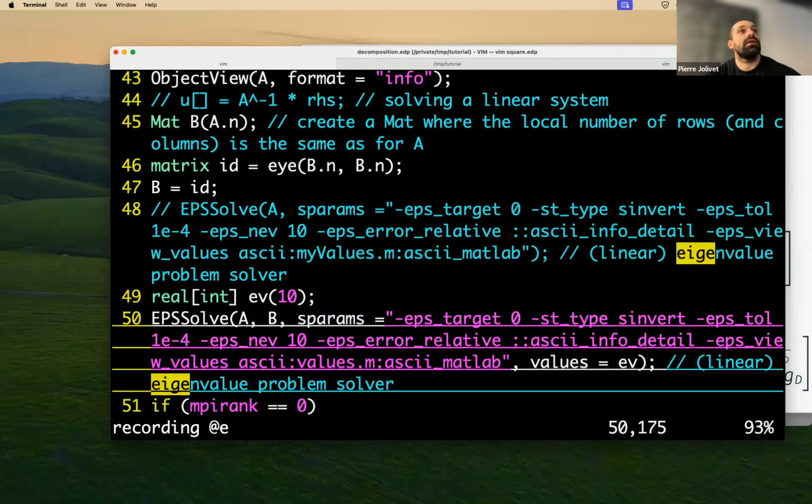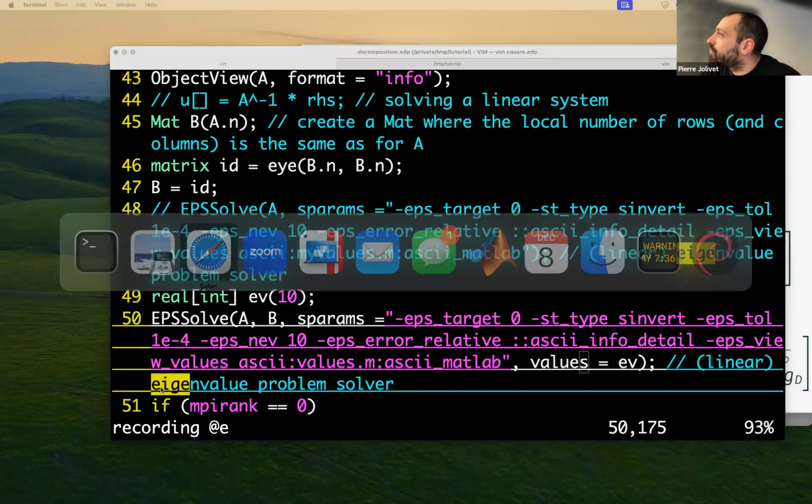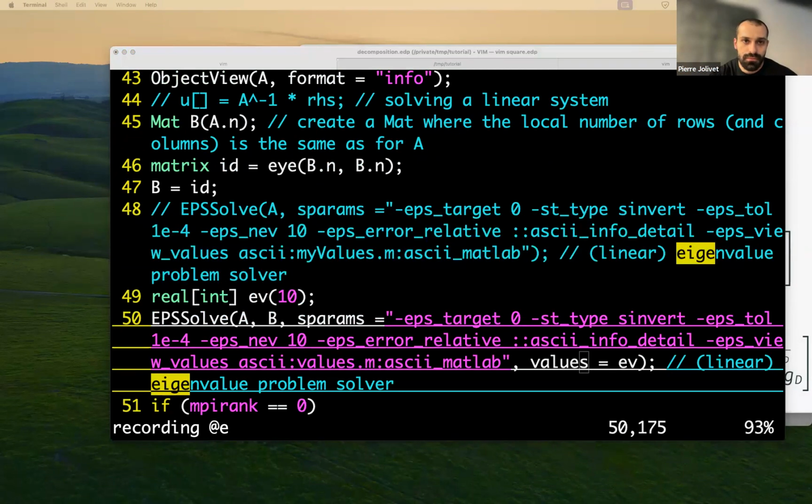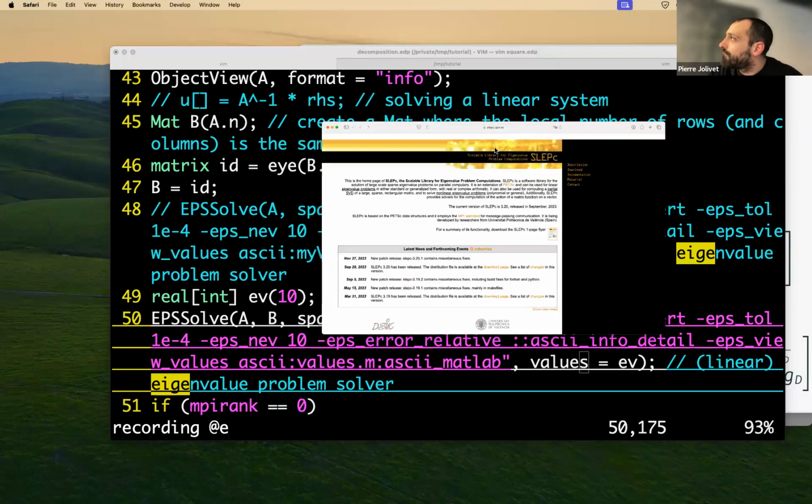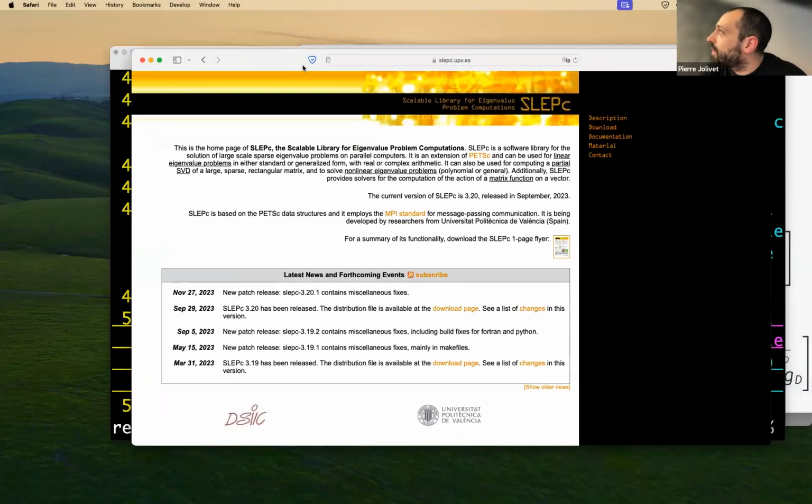Okay, so this is, yes. Where do you find those parameters? Excellent question. So whenever you are looking for parameters with respect to the eigenvalues or the eigenproblem solver, you can go on SLEPc's website, and on the SLEPc website there is a documentation.